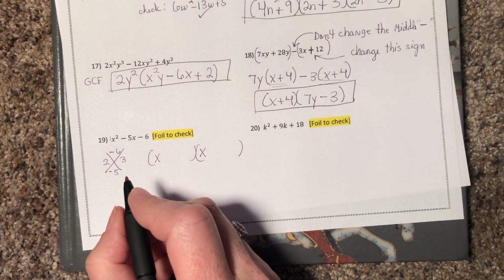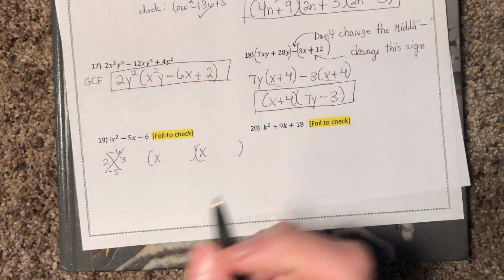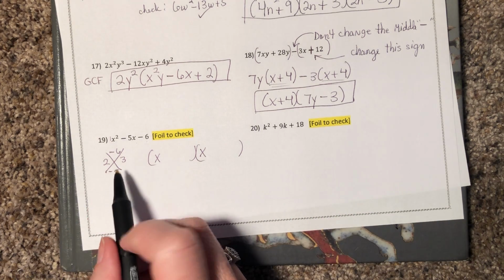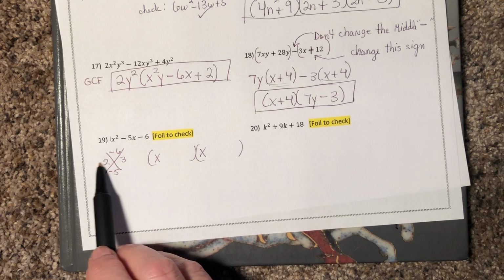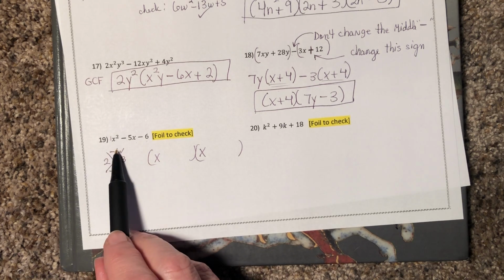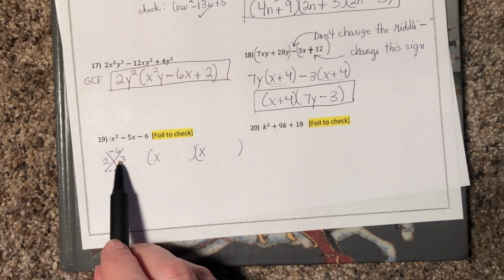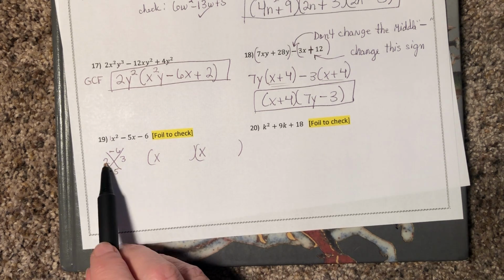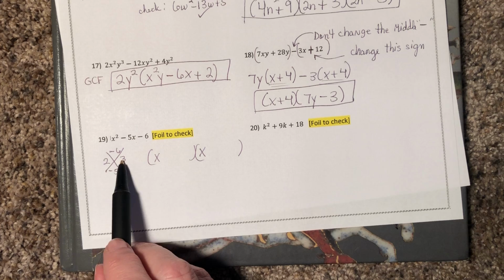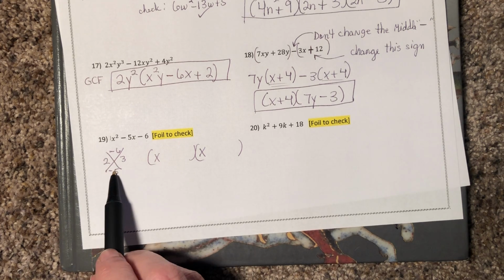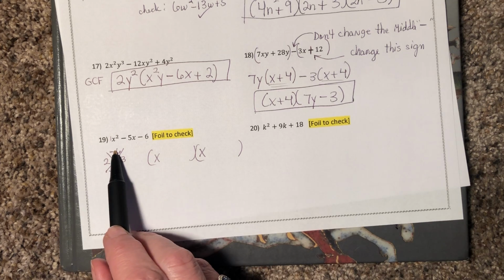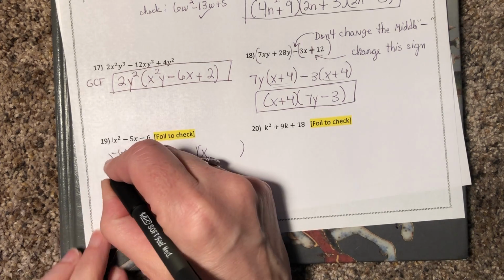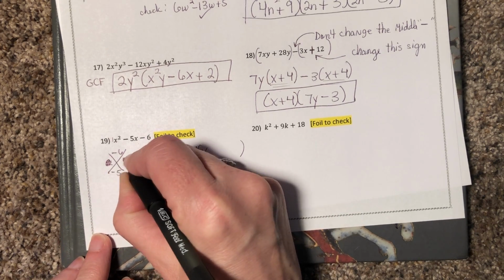But, ooh, that's a problem. Here's where you gotta really watch. If I make one of these negative, that's how I'm gonna get the -6. Problem is, I can't get to a -5 if only one is negative. They would both have to be negative to add to a -5. But if they're both negative, they won't multiply to a -6. So 2 and 3 are out.